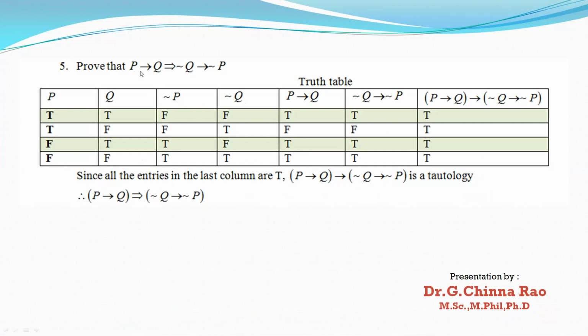Here, prove that P conditional Q tautologically implies negation Q conditional negation P. So to prove tautological implication, when A is said to tautologically imply B, you have to prove A conditional B is a tautology.